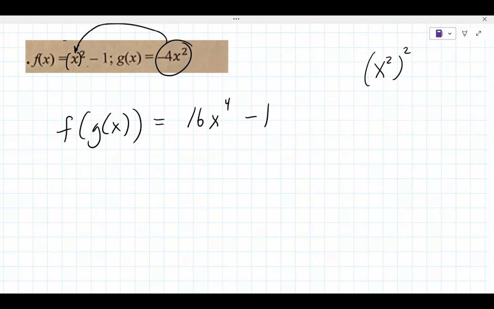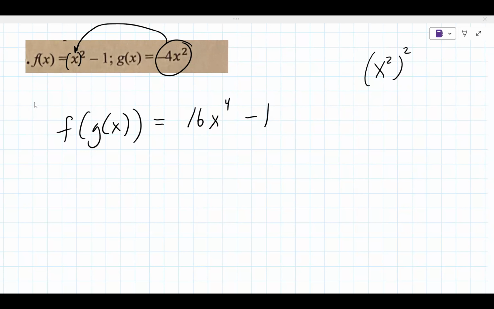And that's my final answer. When you have an exponent to an exponent, you multiply them. That's one way to do it. You seem dissatisfied with that. I mean, it's not too bad. It's just kind of weird having the to the fourth power.